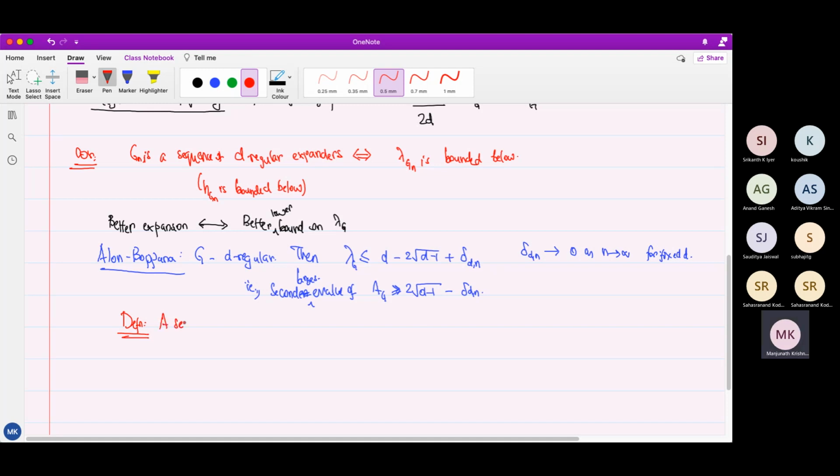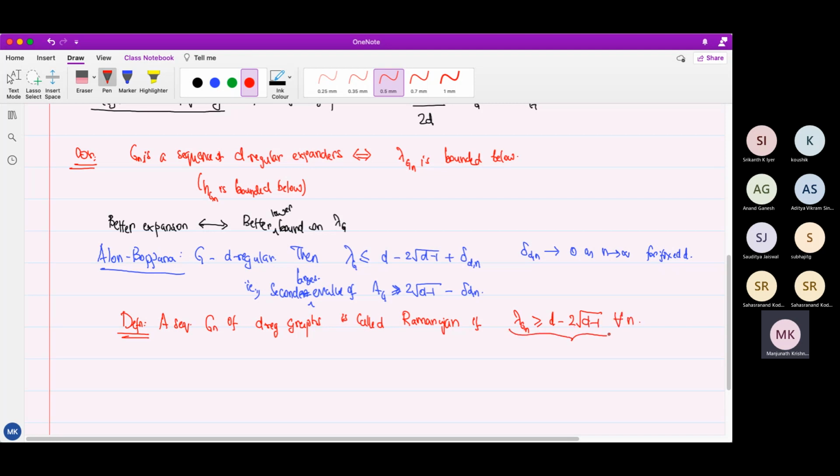A sequence G n of d-regular graphs is called Ramanujan if this bound holds, that is, if lambda g n is actually greater than or equal to d minus 2 square root of d minus 1 for all n.